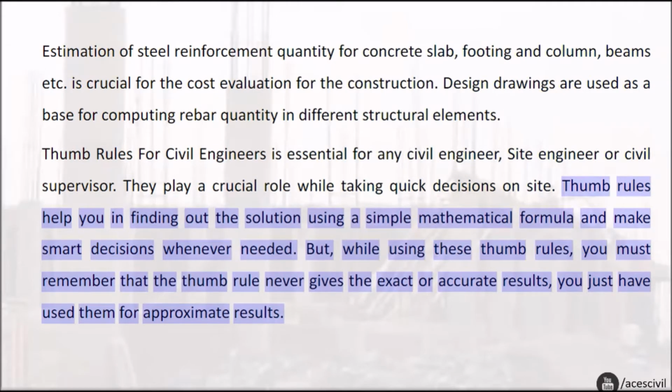Thumb rules help you in finding out the solution using a simple mathematical formula and make smart decisions whenever needed. But while using these thumb rules, you must remember that the thumb rule never gives the exact or accurate results. You just have to use them for approximate results.